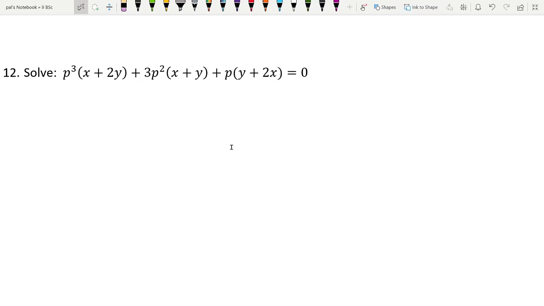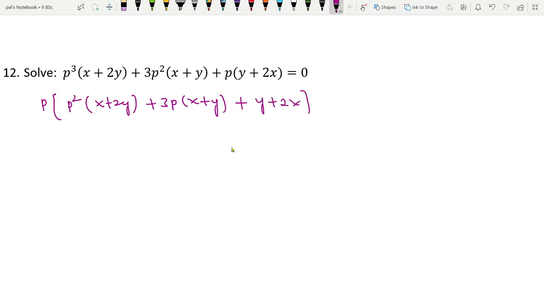In this we can take p as a common factor. So if you take p as a common factor, remaining is p square into x plus 2y plus 3p into x plus y plus, if p comes outside, remaining is y plus 2x here, which is equal to 0.